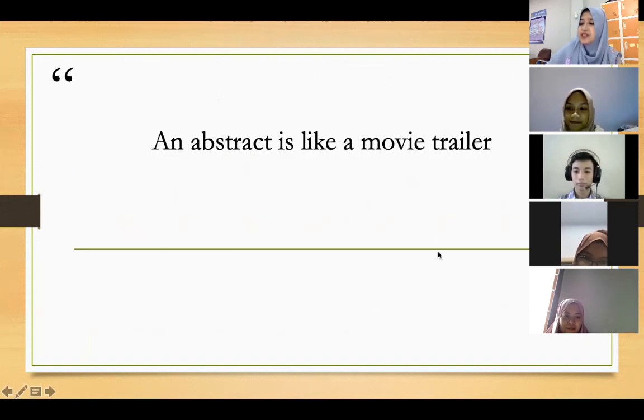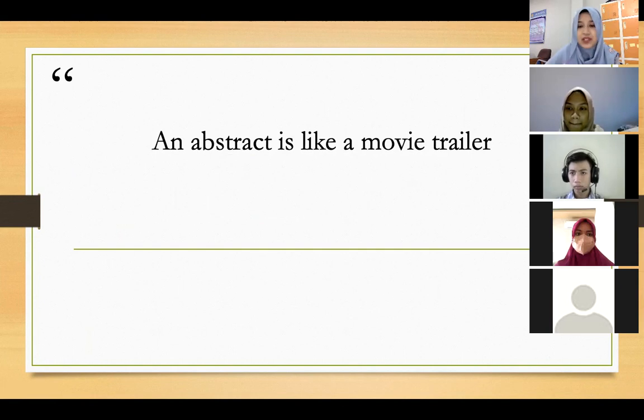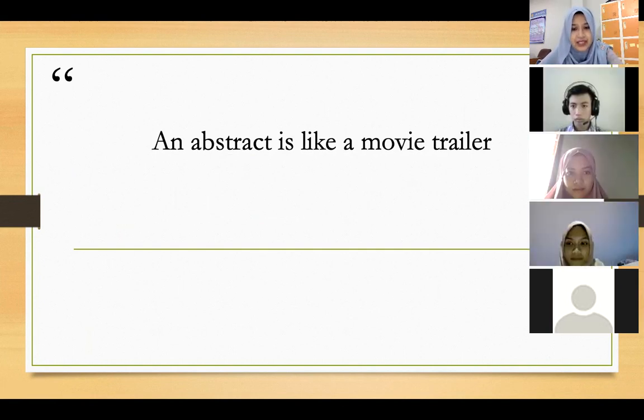Okay, now we're moving to abstract. Yeah, do you have any question for writing conclusion? Basically, you can imagine what is in your conclusion. Miss, in conclusion, should we write down our methods? Not necessarily, but you can, let's say one sentence, yeah.